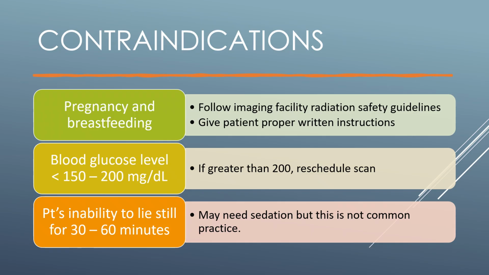The reason for that is because if you have a high blood sugar, then the cells in your body are already saturated with sugar. They have an overabundance in your bloodstream. They're not going to take up any more glucose because they're fat and happy on everything that's already in your bloodstream. Well, what's in your bloodstream is not radioactive, so we can't see it.